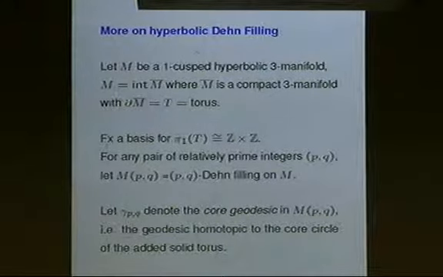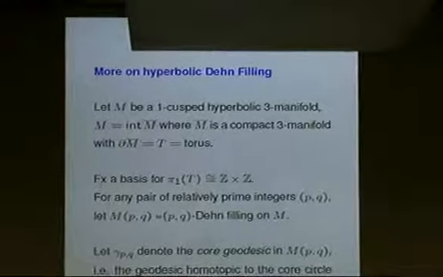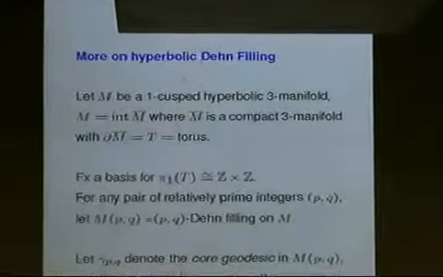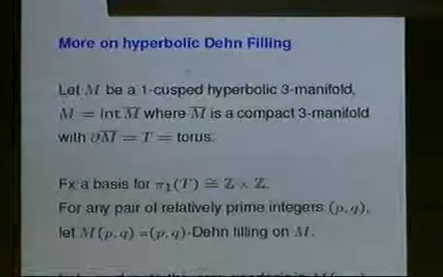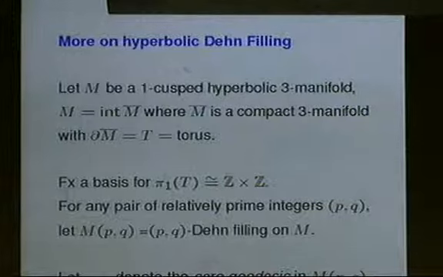Now I'd like to say a little bit more about the Dehn filling process and how that leads to this accumulation of volumes. Yesterday I introduced this process of Dehn filling; I just want to make it a bit more precise today. So we'll start off with a one-cusp hyperbolic manifold.